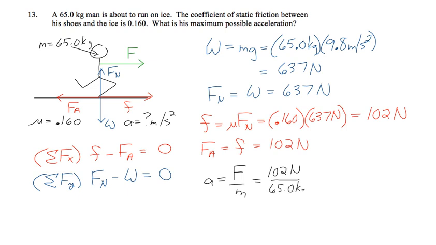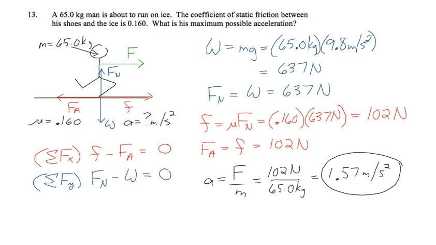So that's bigger than 1 and less than 2. So it's going to be 1 point something. And what did I give you for that? 1.57. So that is the solution to this problem.